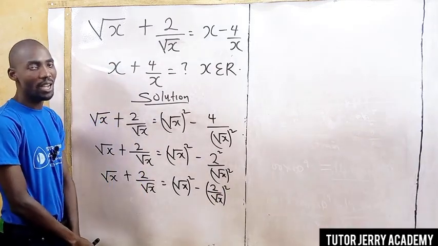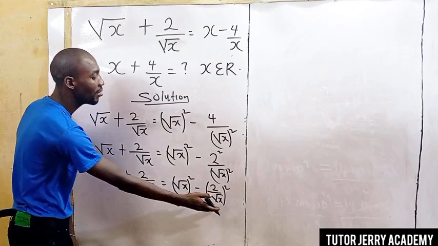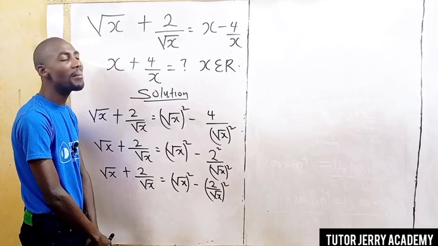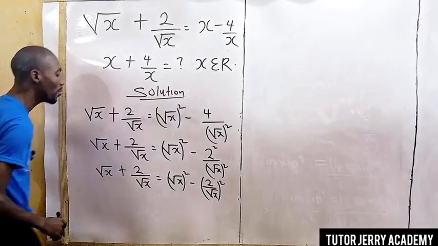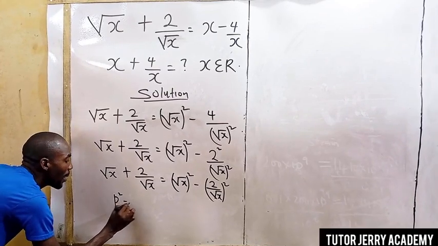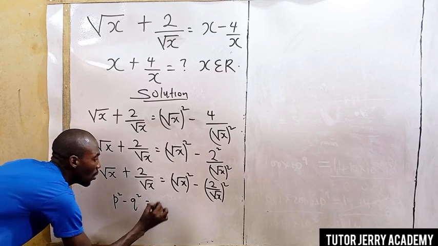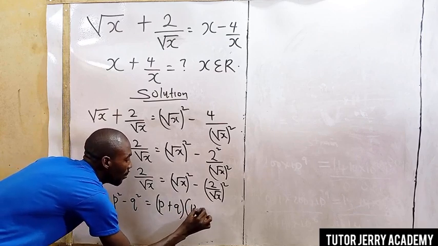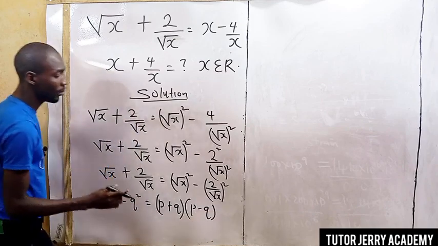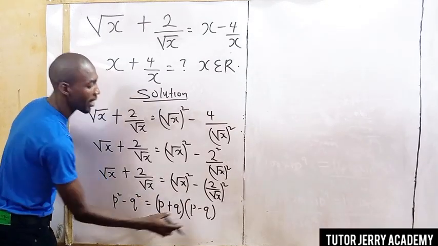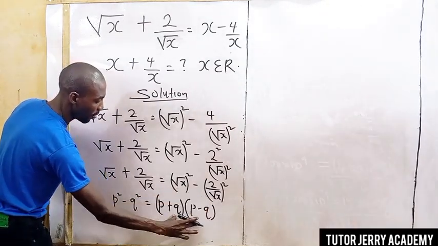All right, what do you observe? We observe that what we have here is now in the form of a difference of two squares. And you remember fully well that from the idea of difference of two squares, we have p squared minus q squared is going to be p plus q into p minus q. So this one here will be our p, this one here will be our q. So we are writing this in the form of this.